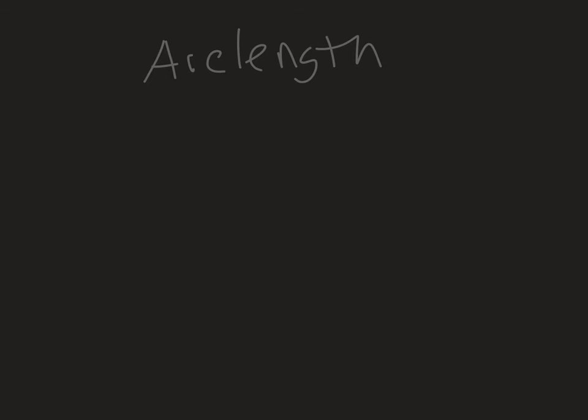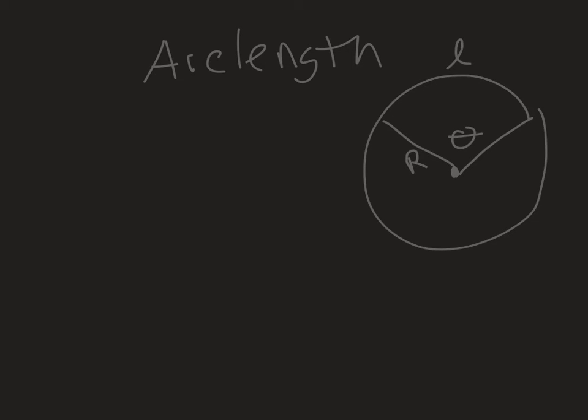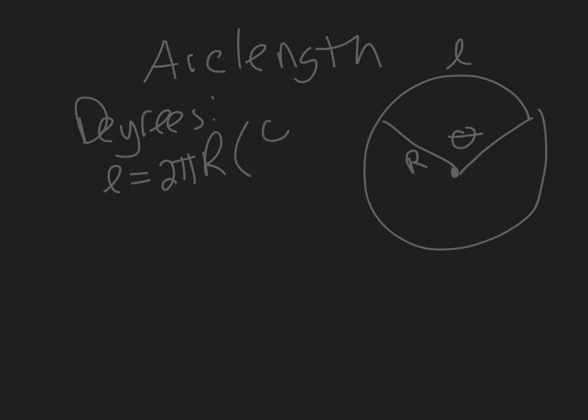So if we think about arc length in general, an arc is a part of a circle. And in general, if we're talking about the relationship between an arc length, its radius and the central angle, the formula, if you're talking degrees, and we've talked about this before, would be: the arc length is equal to 2 pi r, that would be the whole circle, times theta divided by 360.